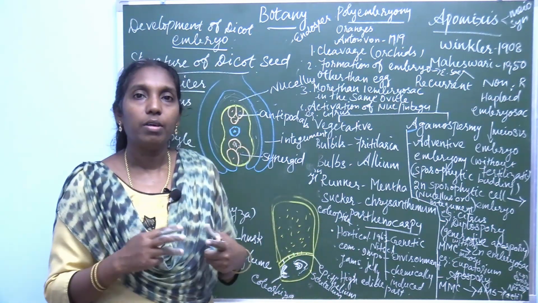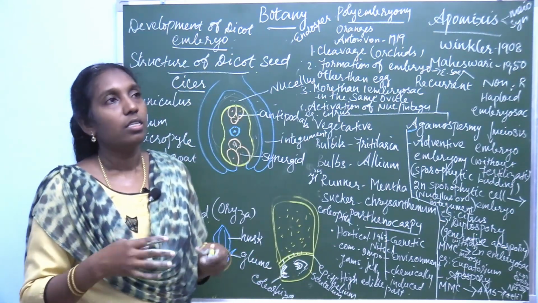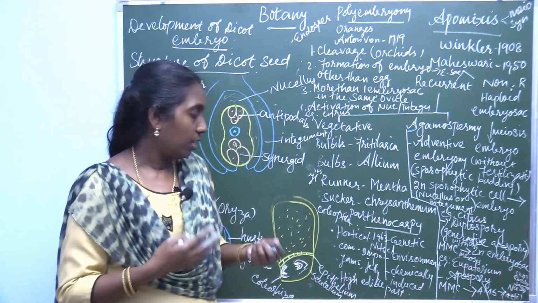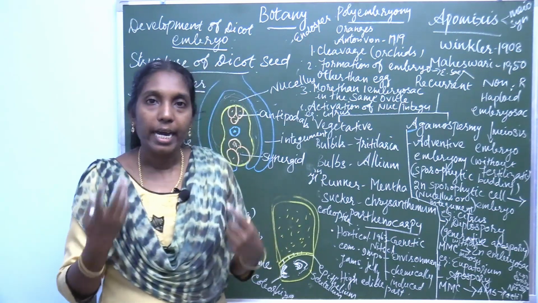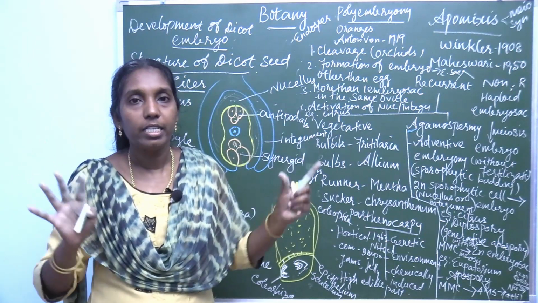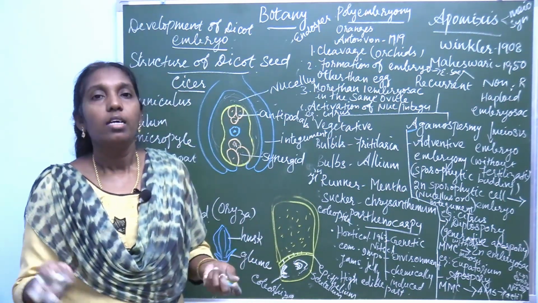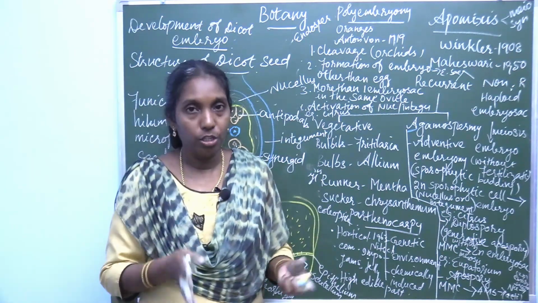The second type forms due to environmental factors, the climatic factors like fog, high temperature or low temperature. These environmental changes develop parthenocarpic fruits. The third type is chemically induced.